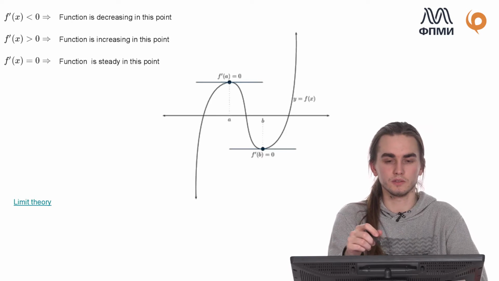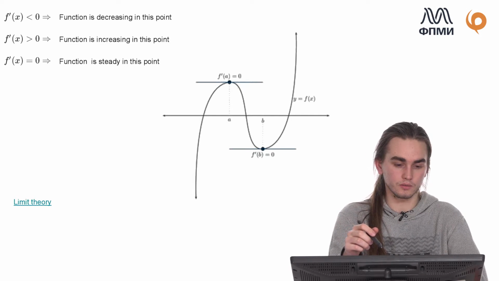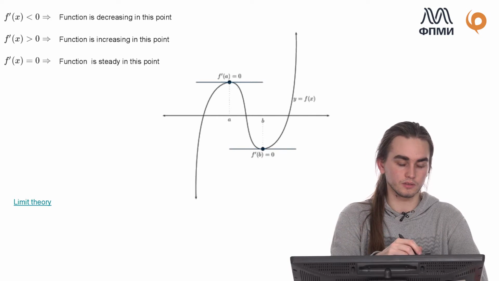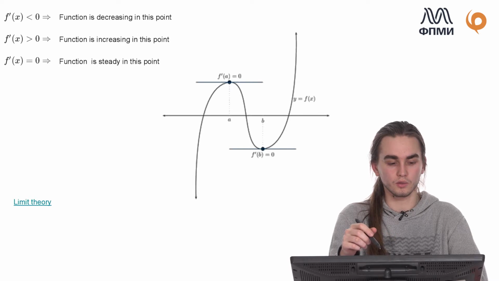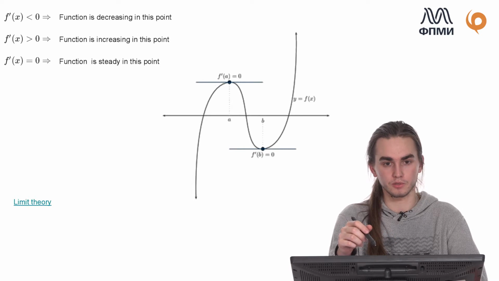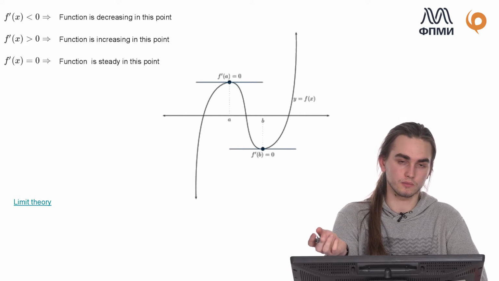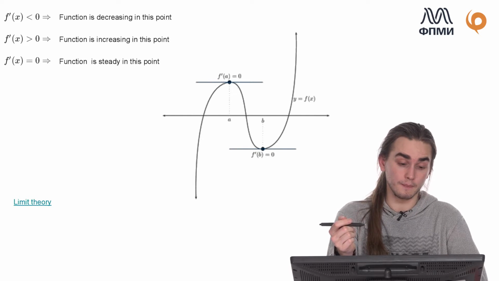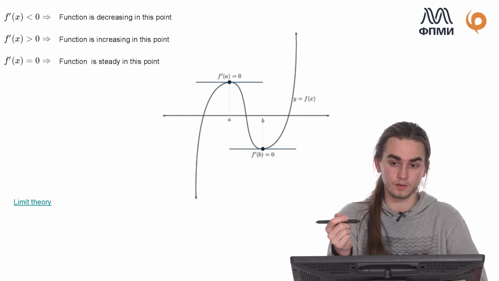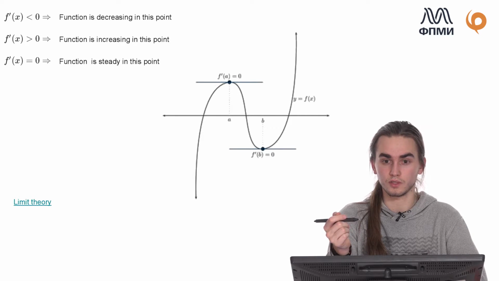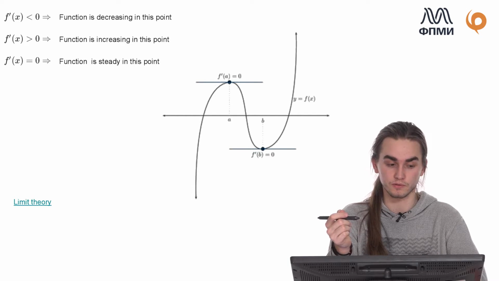Here is why we need derivative. You can read it and understand that you can use it pretty much for every function to understand where it is decreasing or increasing. It's already cool, but you've already been told, I think, that you can find a minimum and maximum with the derivative.